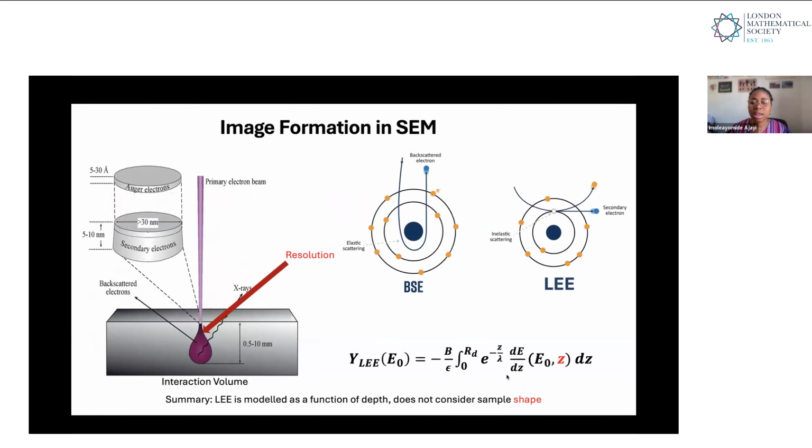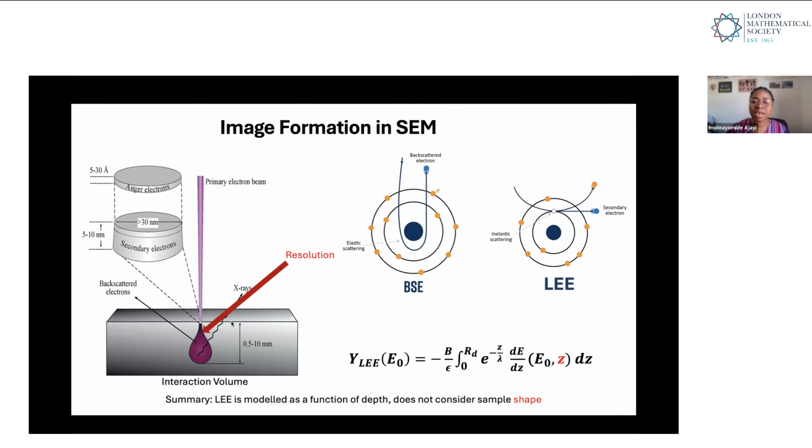The equation for the yield, based on theory, is the yield based on the primary electrons that have been showered on the sample, and we will get this as a function of depth.